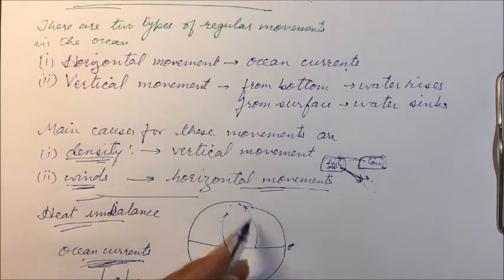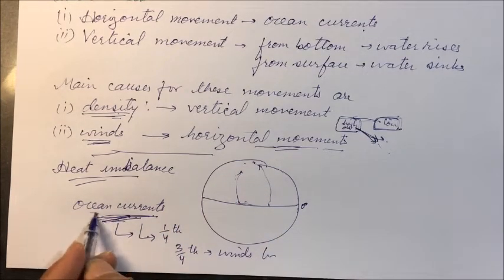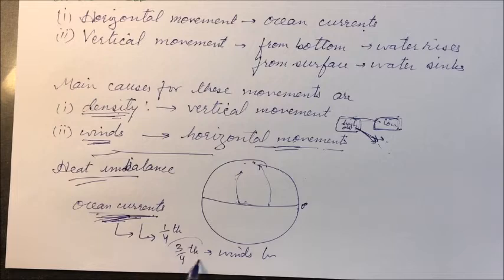And of the total heat transport, ocean currents account for 1/4. The remaining 3/4 is transported by the winds.